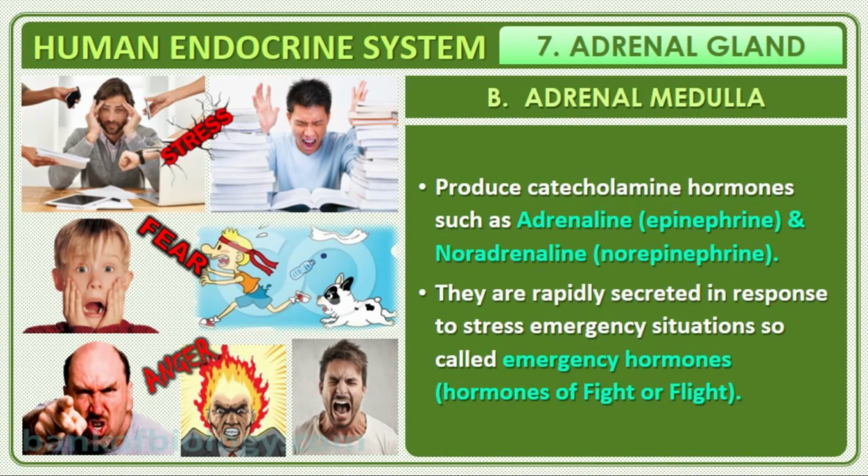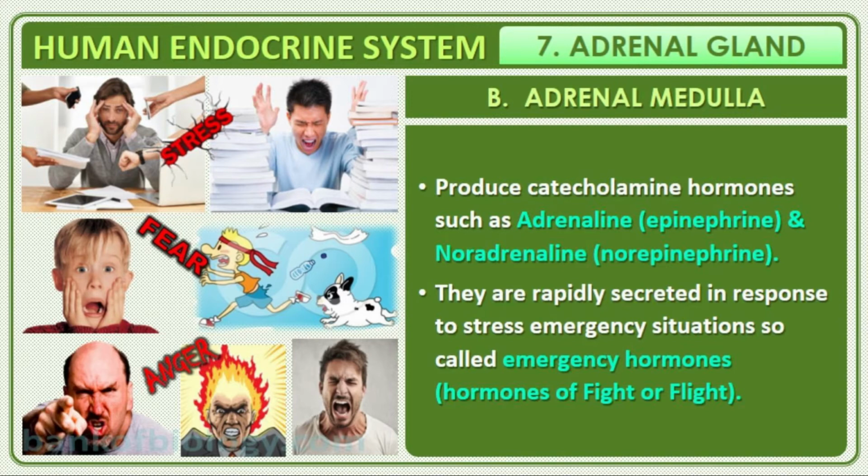The next part of the adrenal gland is the adrenal medulla. The previous page itself we have completed the adrenal cortex. Now the adrenal medulla, the inner part. It produces catecholamine hormones such as adrenaline.